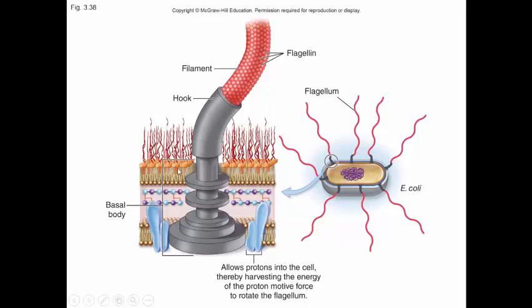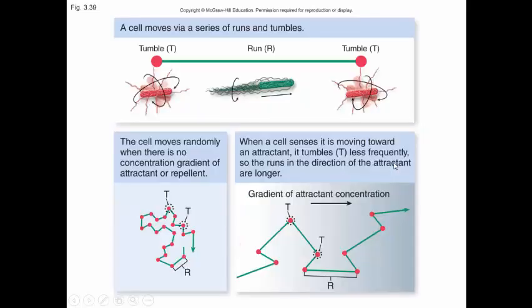Okay, here's the hook, the filament. Here are all the flagella. This is peritrichous. Okay? Here's a tumble. They all spin, and then they all get coordinated, and then they tumble. Now you might say, what the heck does tumbling have to do with it? A lot.